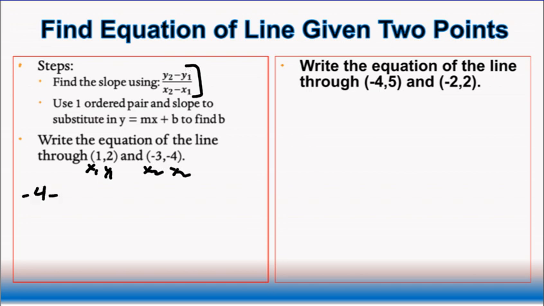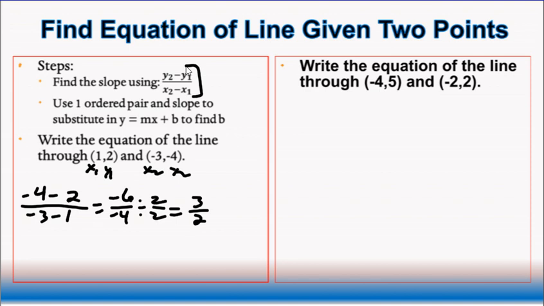We have negative 4 minus 2 divided by negative 3 minus 1. So that gives us negative 6 over negative 4, which reduced by 2 halves would give us a positive 3 halves. So that's our slope.